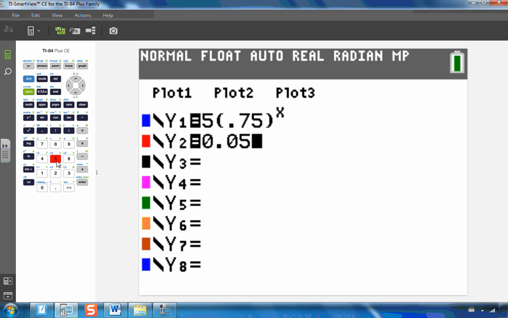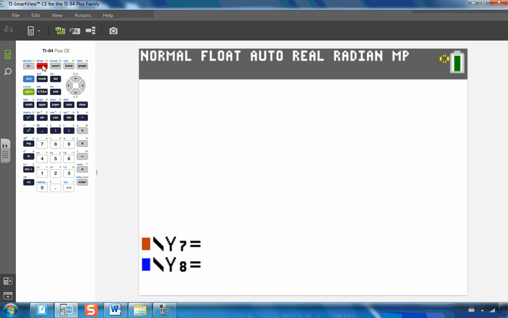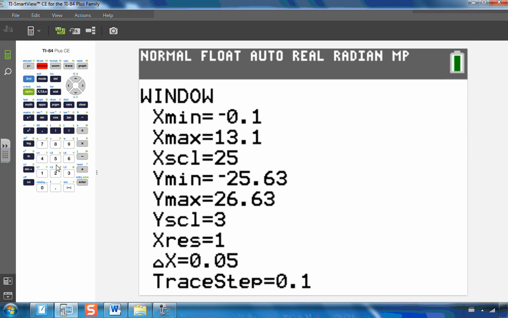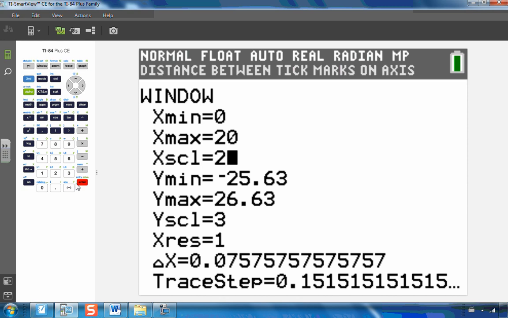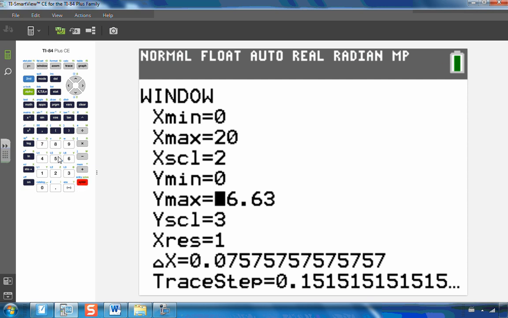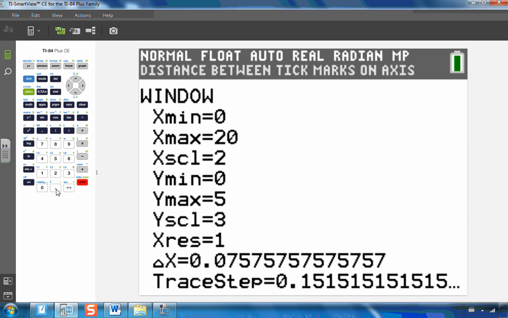Now these are really small numbers, so I'm going to adjust my window to kind of help out with that. So x is the number of bounces. So we can have 0 bounces up to, let's try 20. We'll go up by 2s. Y is your height. Now I'm dropping from a height of 5, and I'm never bouncing over that. So I'm going to go just from 0 to 5, and I'm going to go up by, say, 0.5s. Let's see if that will be good enough.